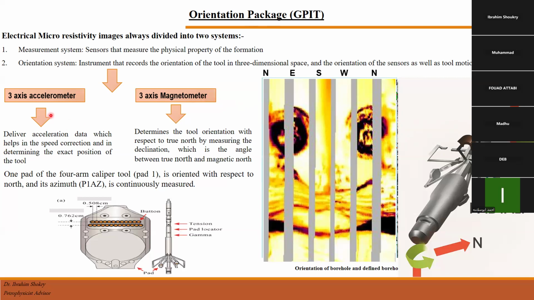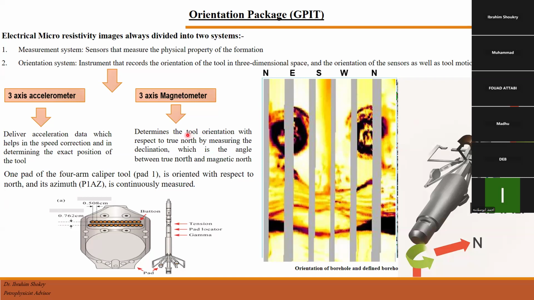The three-axis accelerometer helps in speed correction and determining the precise tool location inside your borehole, while the three-axis magnetometer measures the Earth's magnetic field to determine the tool orientation relative to the magnetic north.